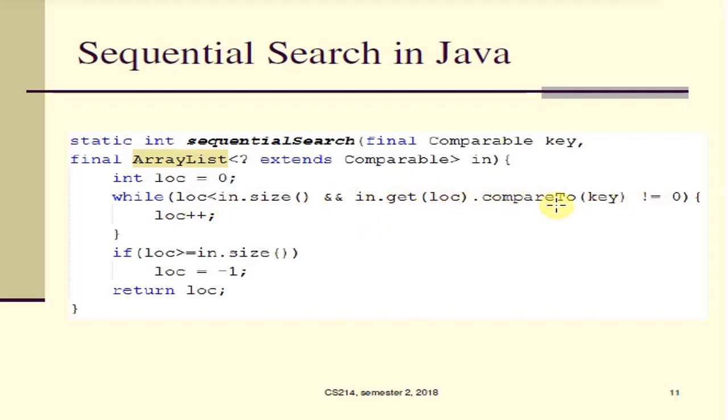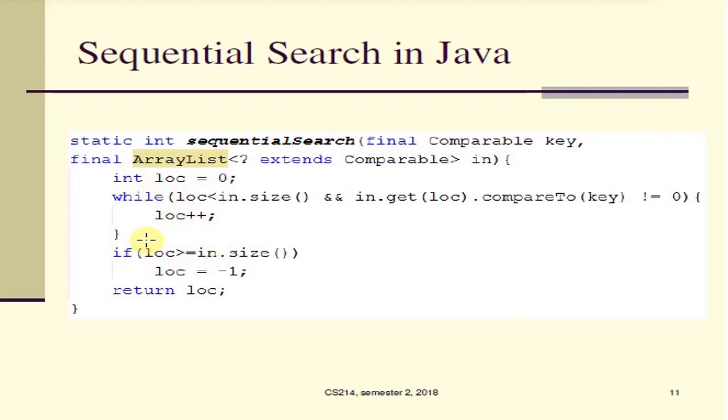This would become false when you actually do find a match, when you get 0 returned here by the compare to method, and so 0 is not equal to 0 becomes false. Then you would no longer increment and you would just exit this while loop, which means you have found the thing that you were looking for.